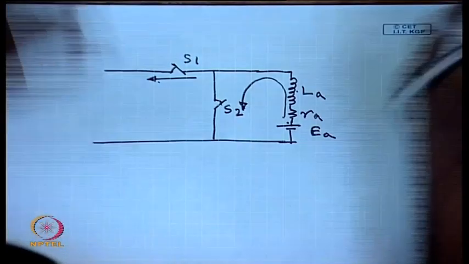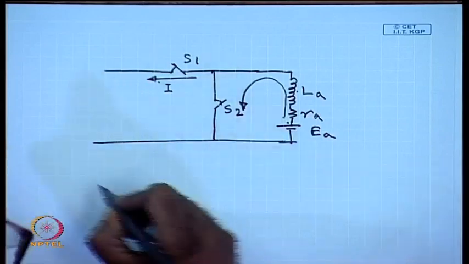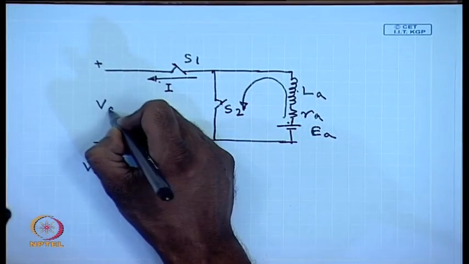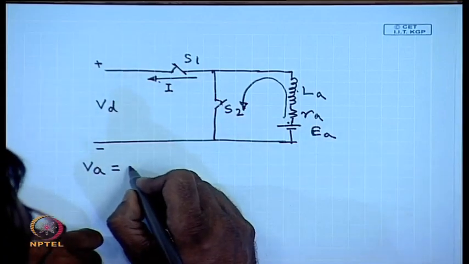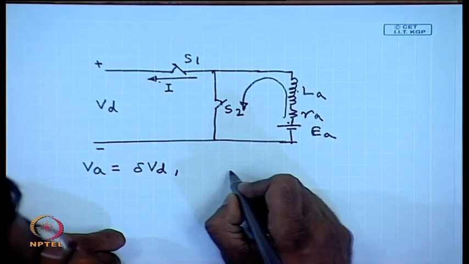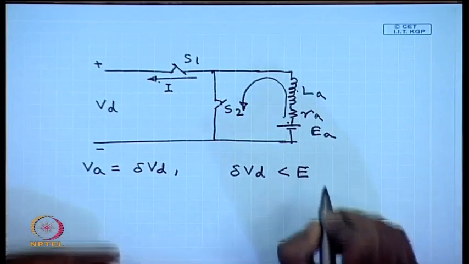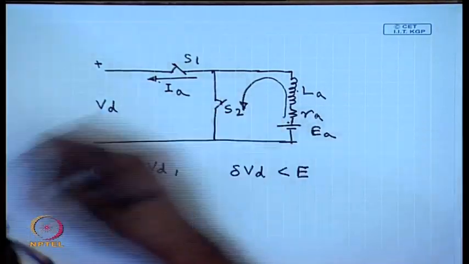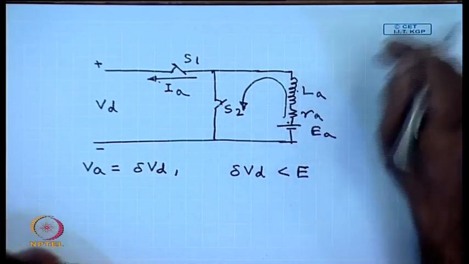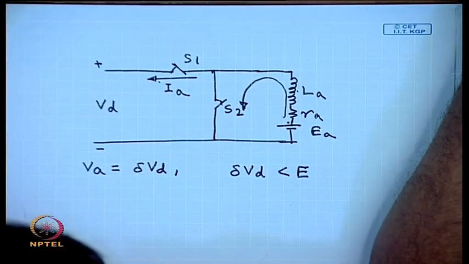When will this current be reversed? We have seen the terminal voltage V A equal to delta V D. So, if delta V D is less than the induced back EMF E, then of course, the direction of current will change and hence it can be used for regenerative braking purpose.